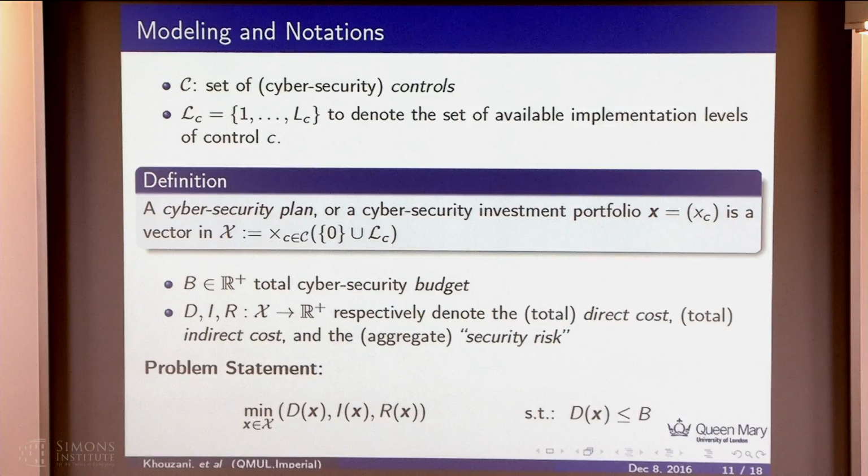So that bit is 1 if that control at that level is implemented, is chosen, and 0 if not. We have a budget, a security budget, and then we have functions for direct cost, indirect cost, and the security risk. And the problem statement is just to minimize these quantities subject to the budget constraint.